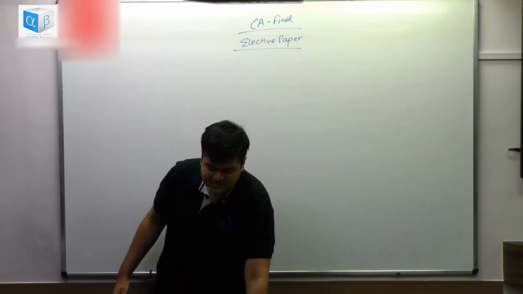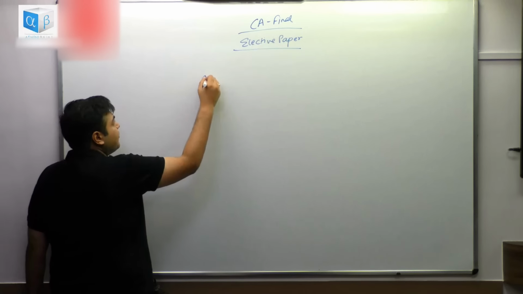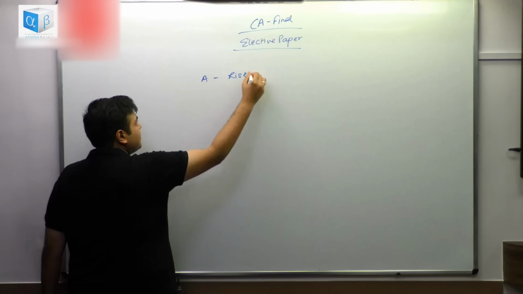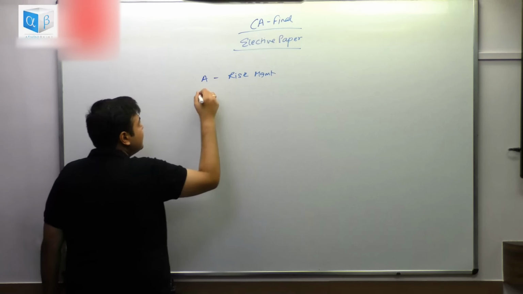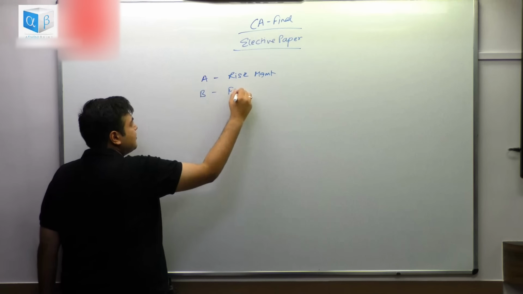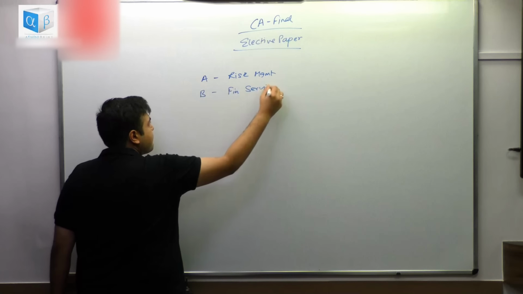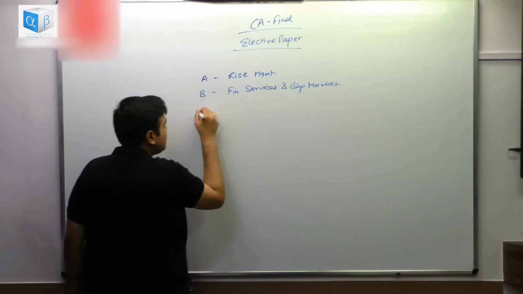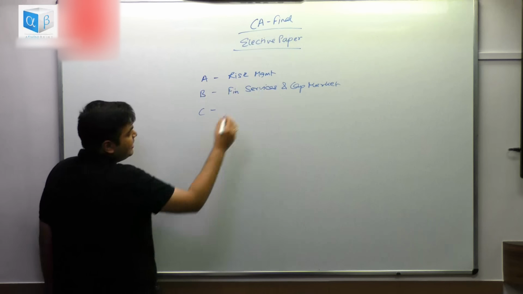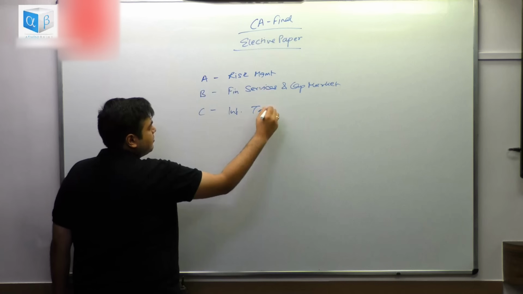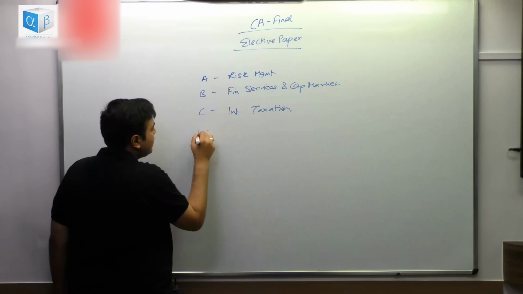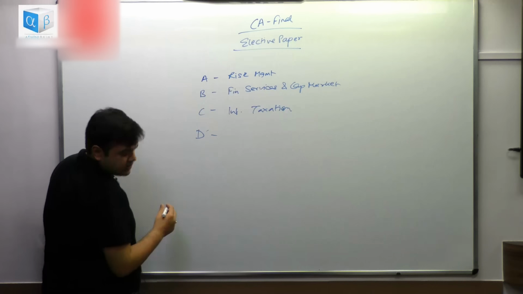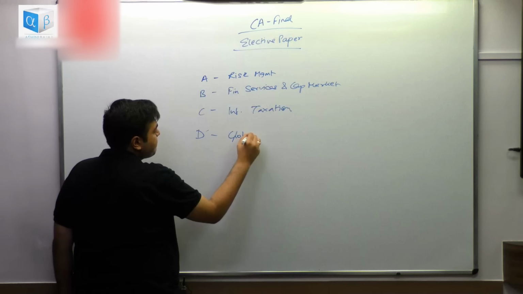So we've got about 6 electives given to us. The first one is your risk management. Second one is your financial services and capital market. The third one is your international taxation. I'm just trying to keep the order correct. The fourth one is your global financial reporting.